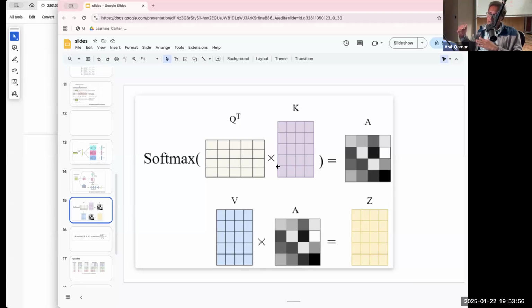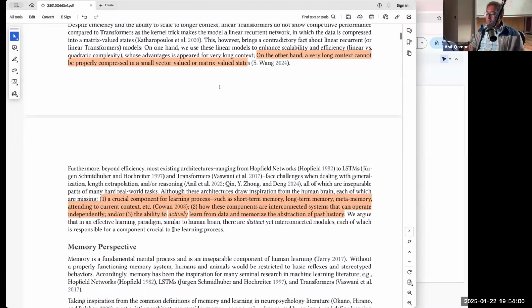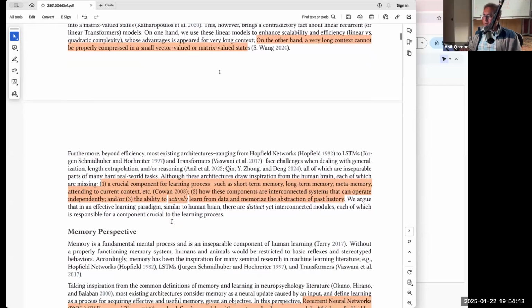So how do we design that architecture? Now they are talking about a crucial component, which they call a learning process. Now it's called short-term, long-term and meta memory. And this paper is going to explain how they work together and ensure the context window, or the attention matrices, are always limited and it still works. That's the idea behind the paper.